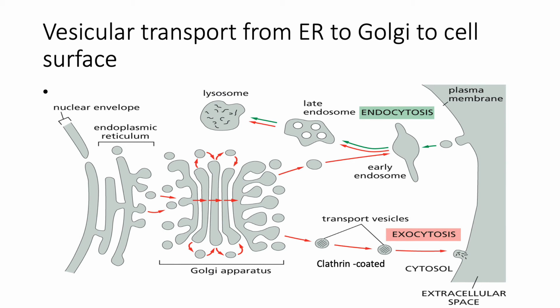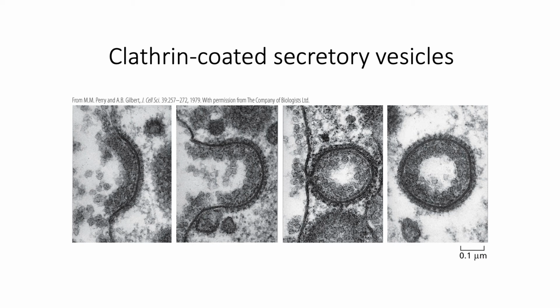I just want to show you what the clathrin-coated vesicles look like by electron microscopy. These are pictures of secretory vesicles, basically. They're transport vesicles, but very specific ones. They're secretory vesicles because these are clathrin coated, and you can see that on the left-hand side.